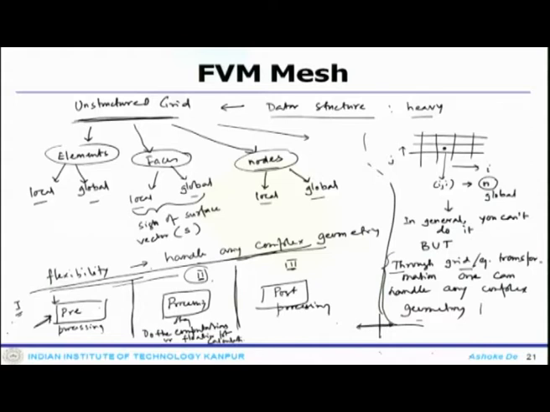And once you have given that set of instructions, the computer will do the work for you. Then essentially it reads all the information from your grid generation stage. That means your element information, indexing, connectivity, and all these things are done at the pre-processing stage. Proper assignment of the boundary condition.